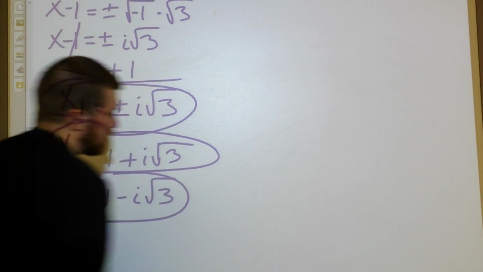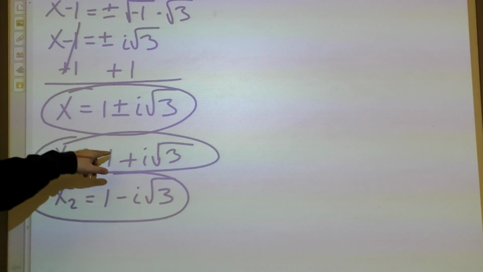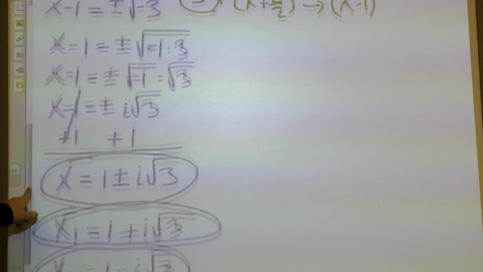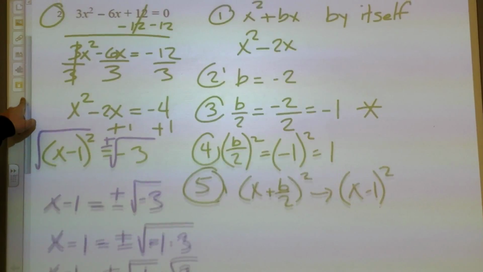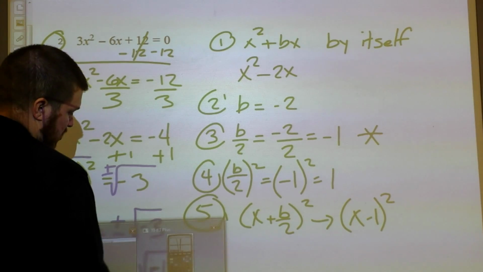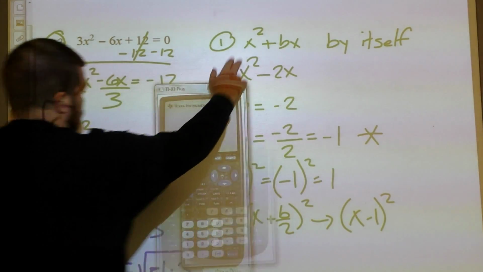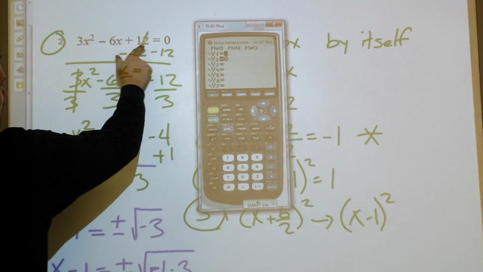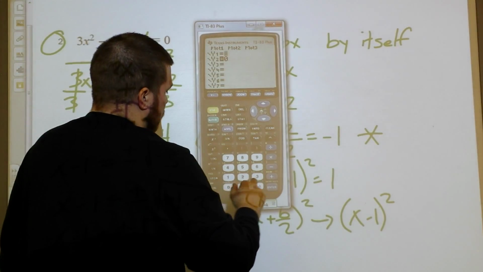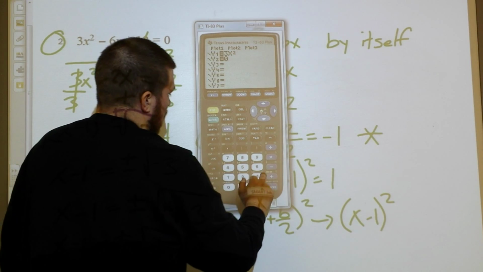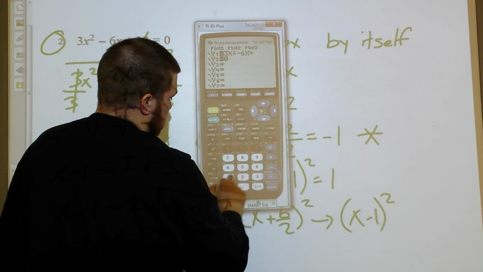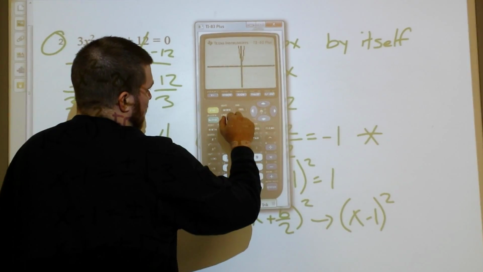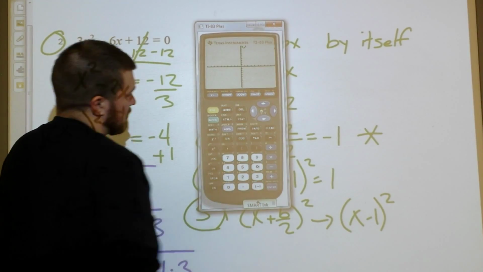Now, let's go back to the original problem, and I want to graph it. Since we had a complex solution, meaning we see an i, we're not going to be able to solve this by graphing. So I want to show you what that looks like. I'm going to go to y equals. The left side of the original problem just goes in y1, so 3x squared minus 6x plus 12. y2 is still 0, so I'm going to keep that the same, and every time I do a new picture, I'm going to hit zoom 6.